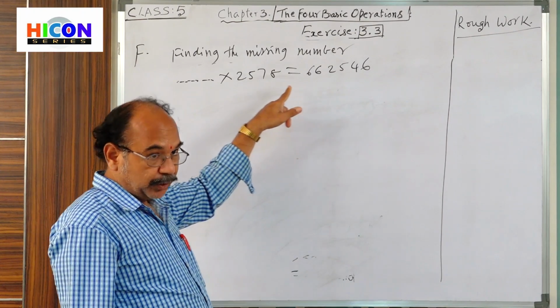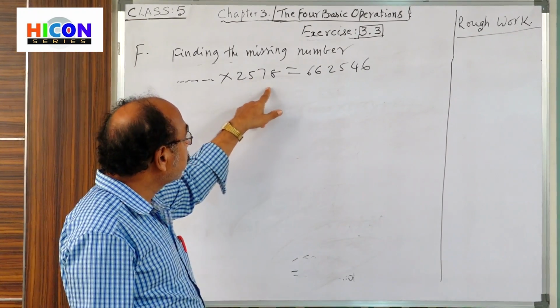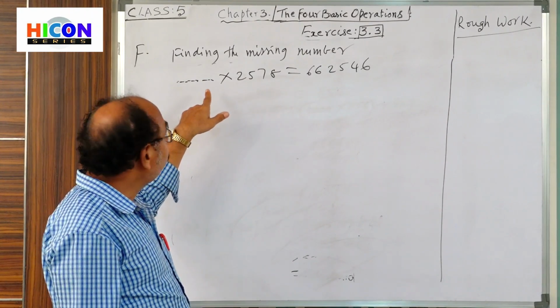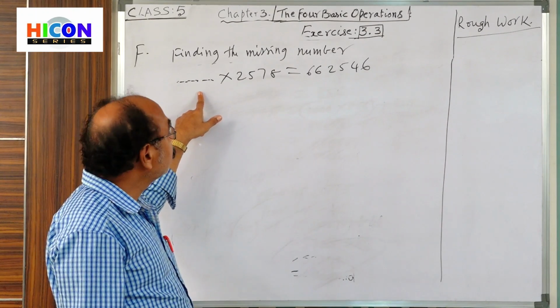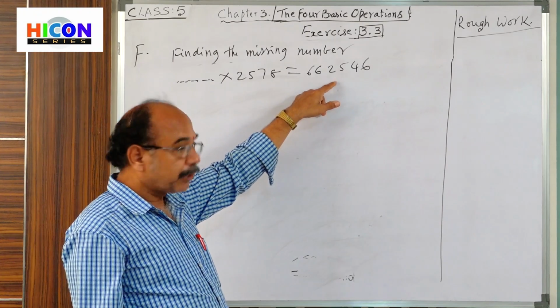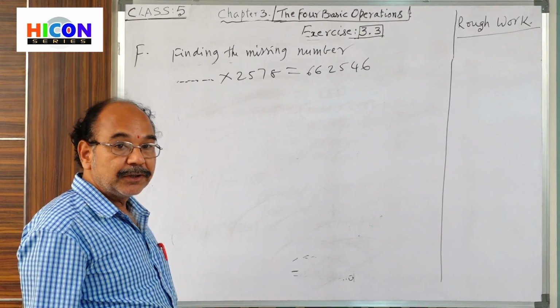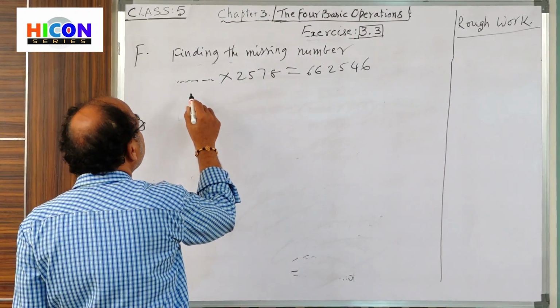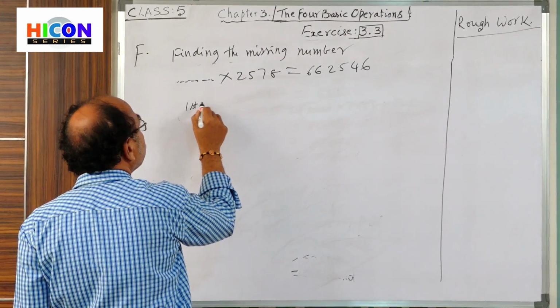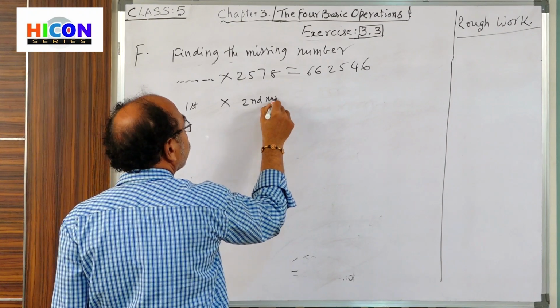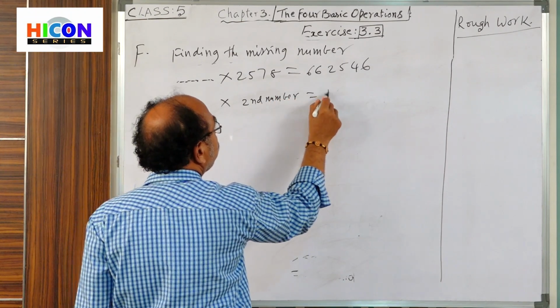Here the first number is missing. To get the first number, what do you have to do? You divide that product by the second number. So here you write: this is the first, this is the second number, this is the product.